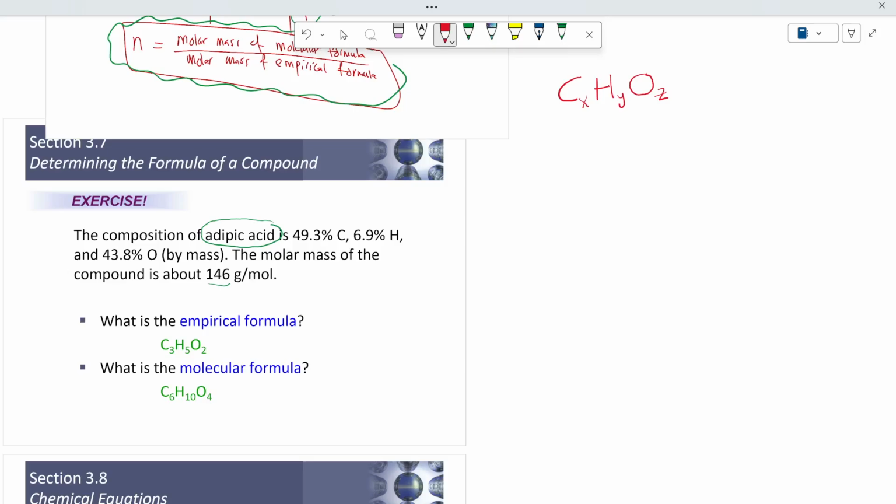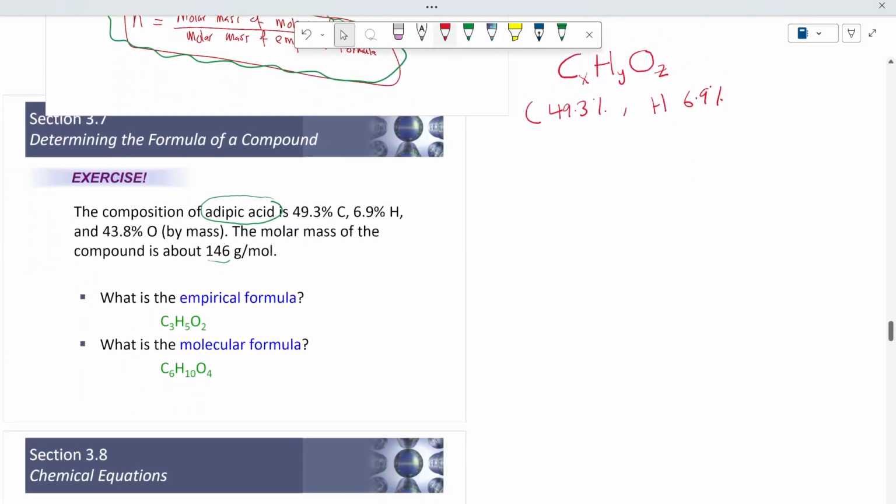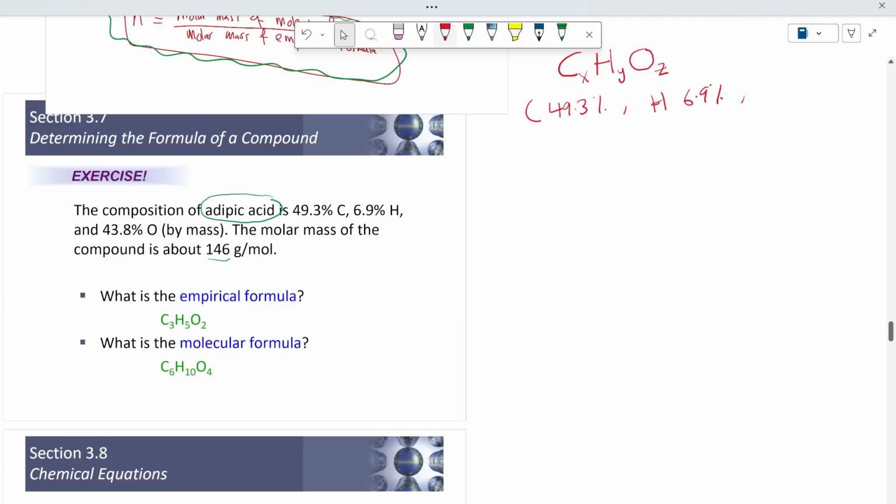Now from the question, the percentage of each one of these three elements is given. The percentage of carbon is 49.3%, the percentage of hydrogen is 6.9%, all by mass, while the percentage of oxygen is 43.8% by mass.